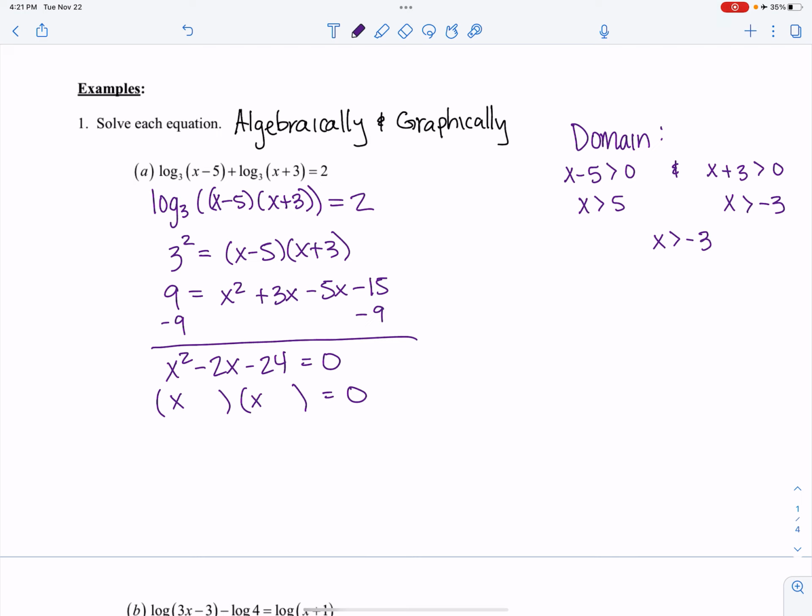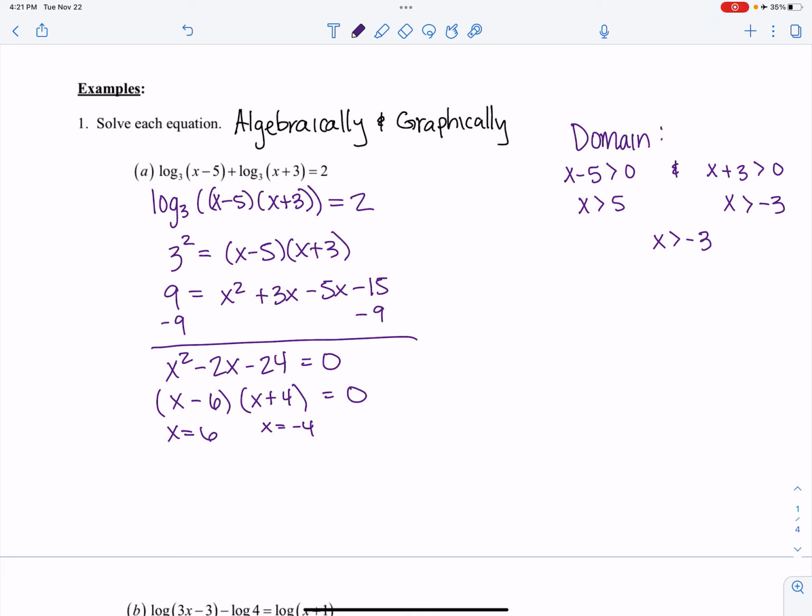We have x, 6 and 4 make 24, and the sum can make 2 if I have a negative 6 and a positive 4. Now we solve, we get x equals 6 and x equals negative 4. Please review factoring if this is not coming back to you. It will greatly benefit you if you just take a moment, go review some factoring, maybe do a few practice problems. That way these are not difficult for you.